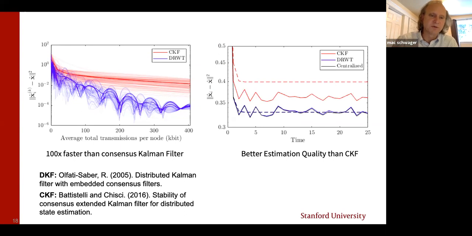Distributing a Kalman filter goes way back to 2005, Olfati-Saber, with the distributed Kalman filter, DKF. We found that doesn't work very well for lots of complicated reasons that I won't go into, but there's a much improved version, which we found to be the state of the art in distributed estimation, which we call the consensus Kalman filter. The citation is shown there, it's from 2016.